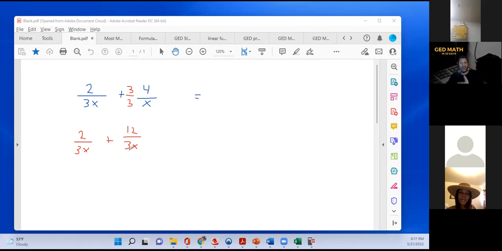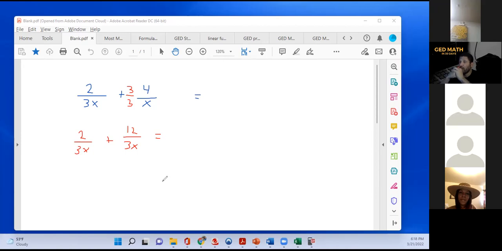Do these two terms now have a common denominator? Yes. What is the common denominator? 3x.